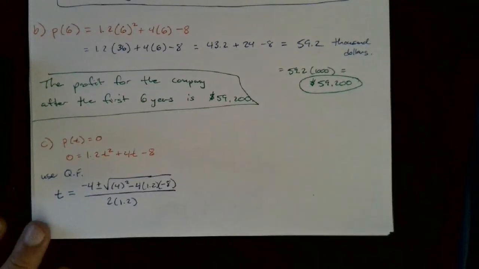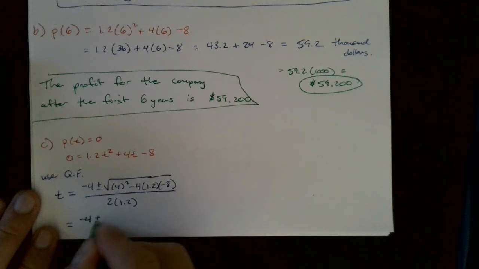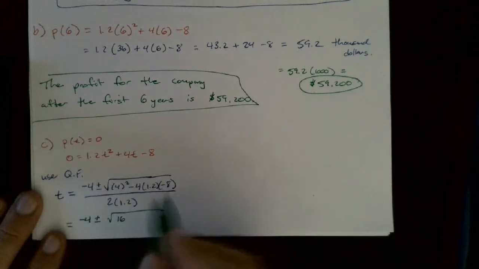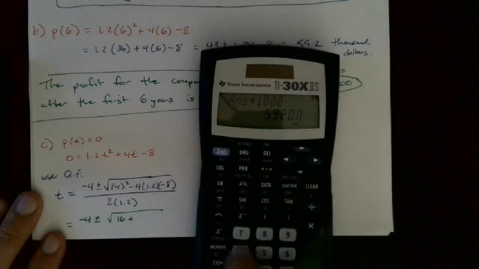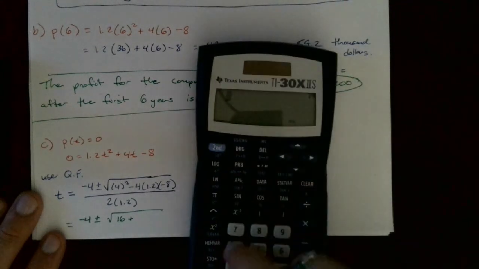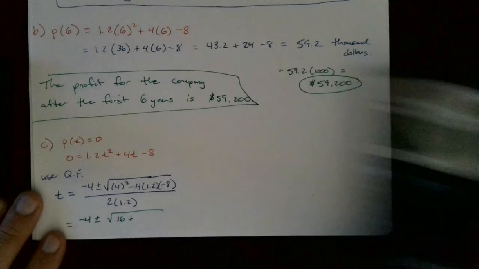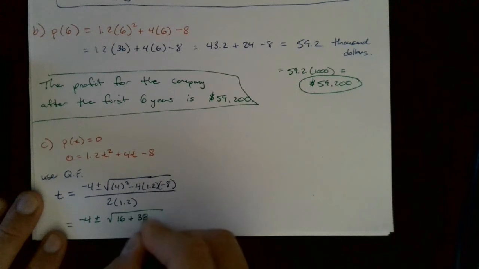So simplifying this formula, I end up with negative 4 plus or minus the square root of 4 squared is 16. Negative 4 times 1.2 times negative 8. Well, negative times a negative is going to make this a positive. If you do 4 times 1.2 times 8, we end up with 38.4. So it's plus 38.4 because the negative times the negative made it a positive.